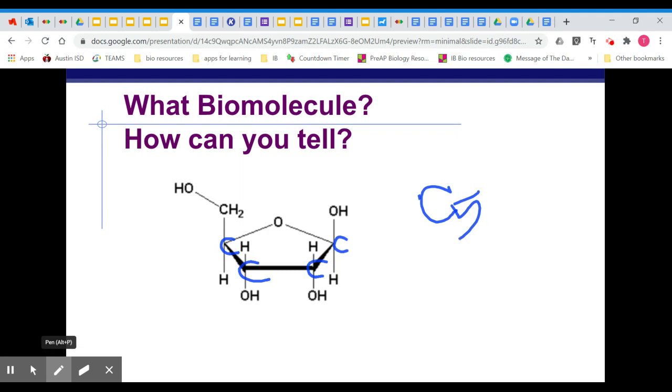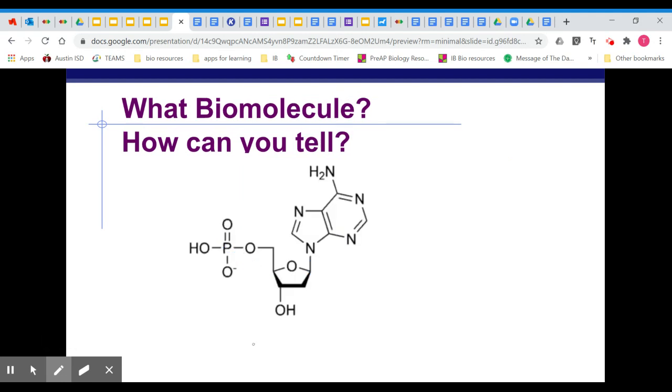And now let's count our hydrogens: 1, 2, 3, 4, 5, 6, 7, 8, 9, 10. And then 5 oxygens. So it is not glucose, but it still has that 1 to 2 to 1 ratio of carbon, hydrogen, oxygen. And so this would definitely be a carbohydrate.